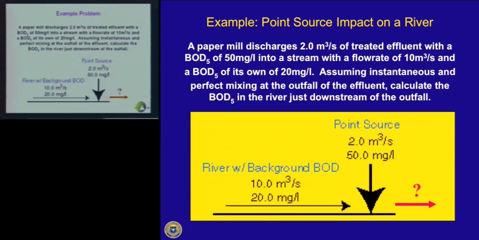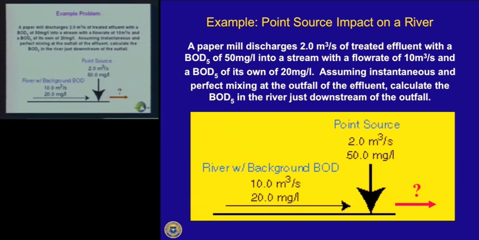The biochemical oxygen demand is 50 milligrams per liter, and that's entering a stream, and that stream has a flow rate of its own of 10 cubic meters per second, and its own background BOD of 20 milligrams per liter. So if we assume instantaneous and perfect mixing at the outfall, calculate the BOD 5 in the river just downstream of the outfall. And I'll describe what that little subscript 5 means in just a minute.